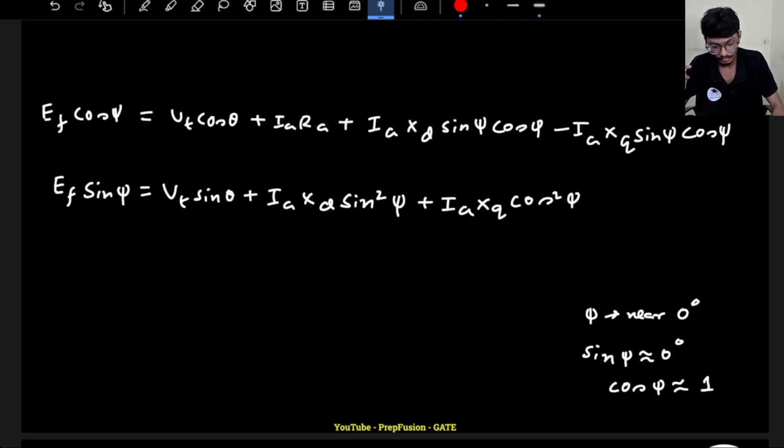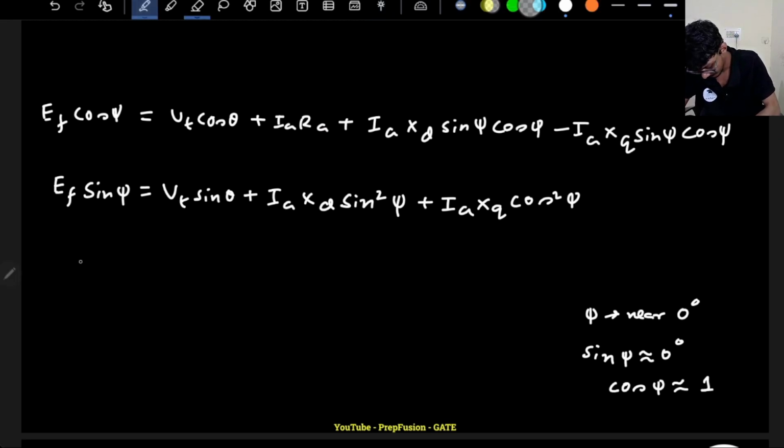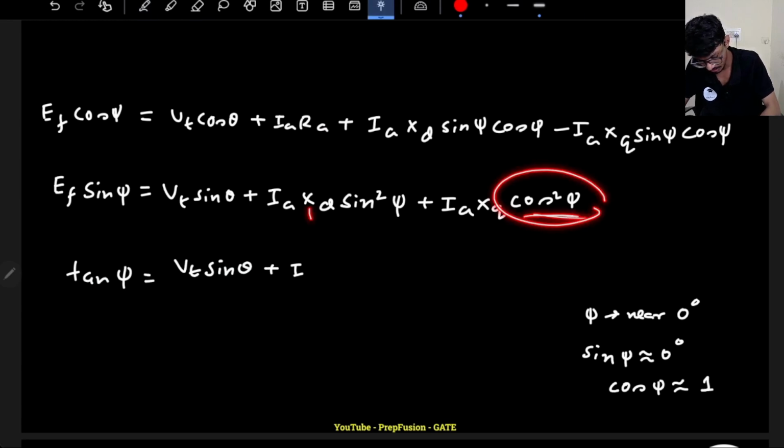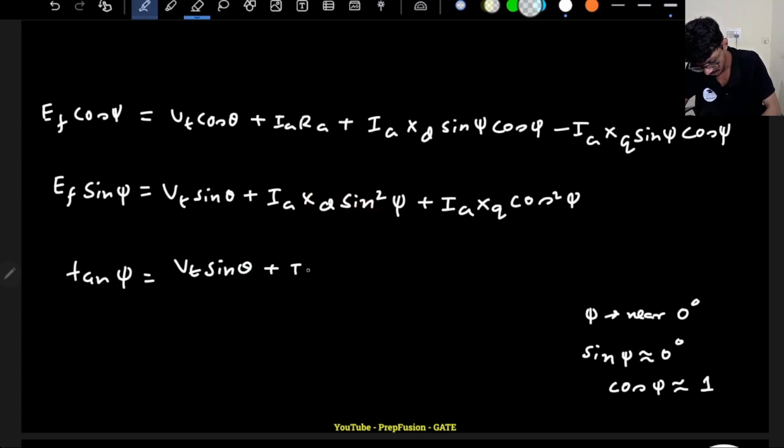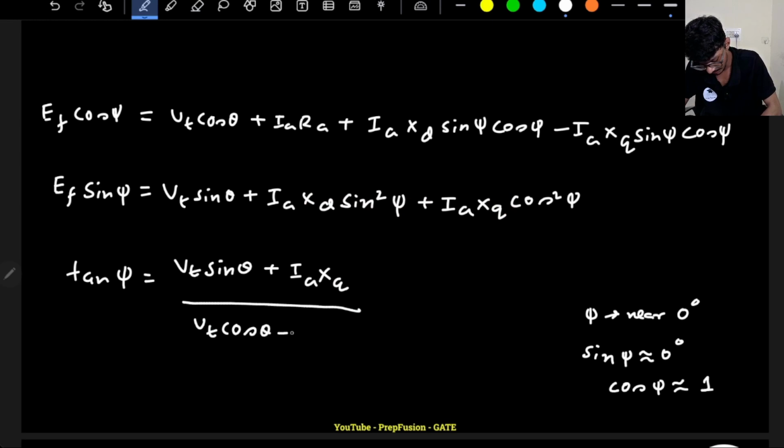Now if I make this assumption, then my tan xi becomes Vt sin theta plus, remember cos xi is almost 1 and sin xi is almost 0, so this will be only Ia Xq, divided by Vt cos theta plus Ia Ra.